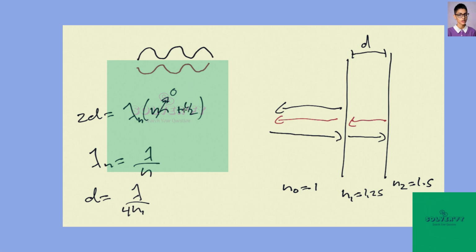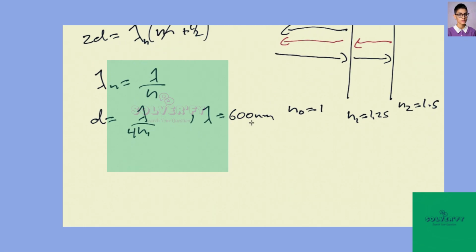We have a 1/2 here, and then we have a 1/2 here from dividing by 2. And we're told that the vacuum wavelength is 600 nanometers. So plugging n1 and lambda into here, we get that the minimum thickness turns out to be 120 nanometers.